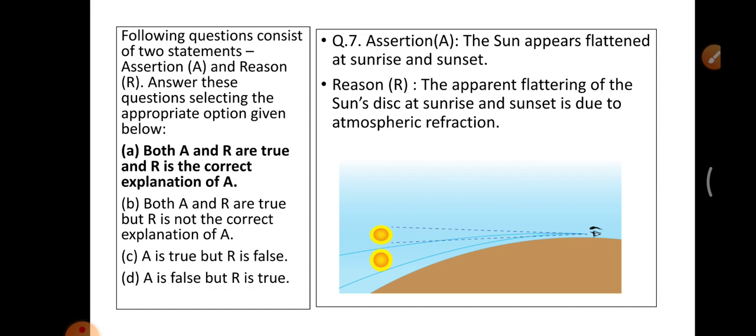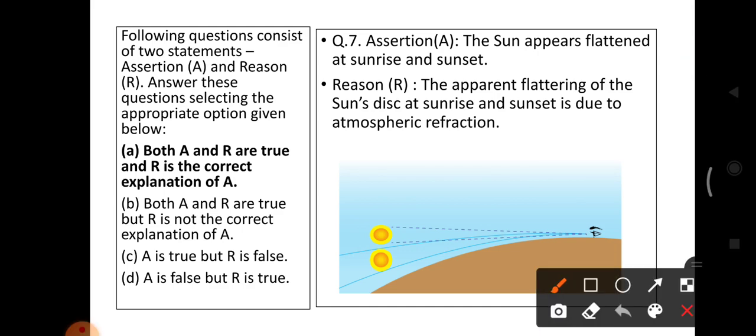The next question. The sun appears flattened at the sunrise and sunset. Look here, during the sunrise and sunset, the sun appears flattened. See the shape of these two. Here, the shape of the sun is round. Here, oval. So the sun appears flattened at the sunrise and sunset.